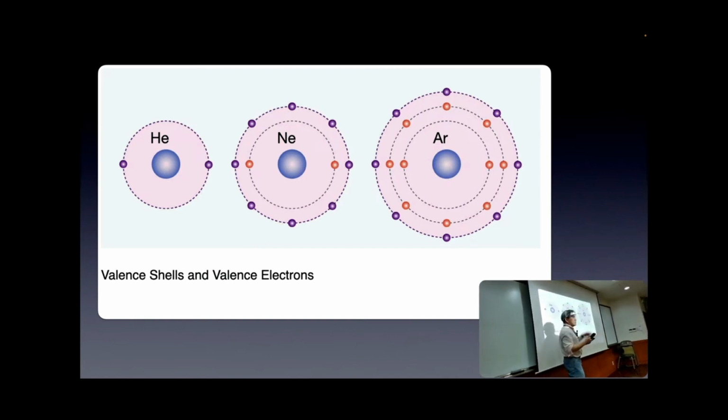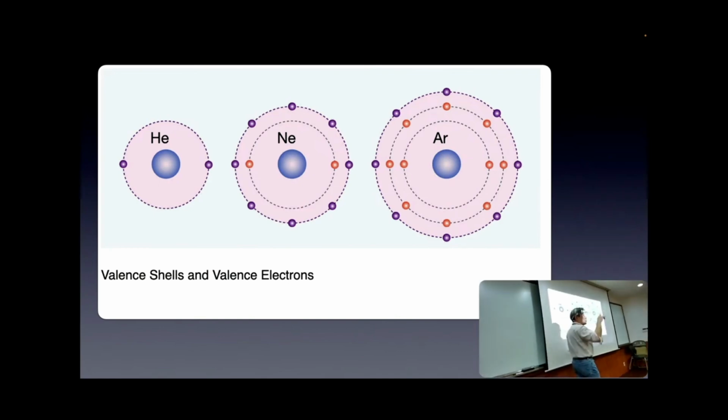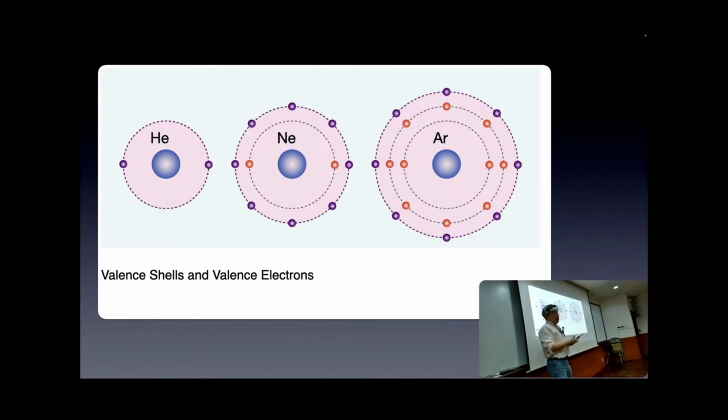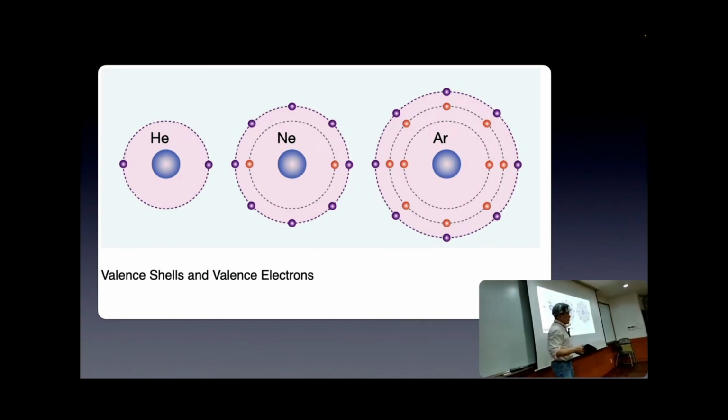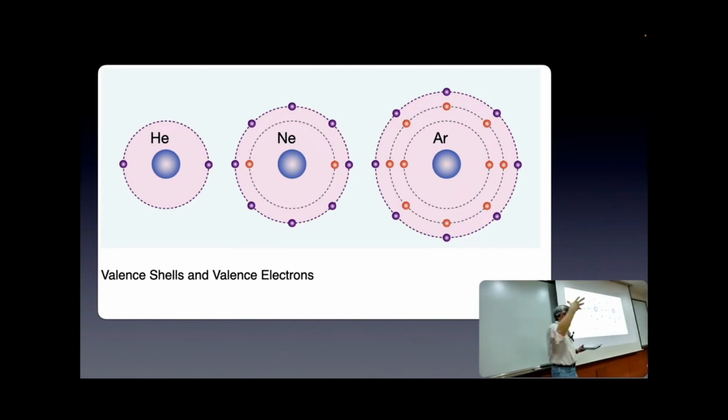Each different shell is like a path an electron can move around. In terms of quantum physics, this is not really an accurate description, but we don't want to go into quantum physics. This is the very classical old physical concept.